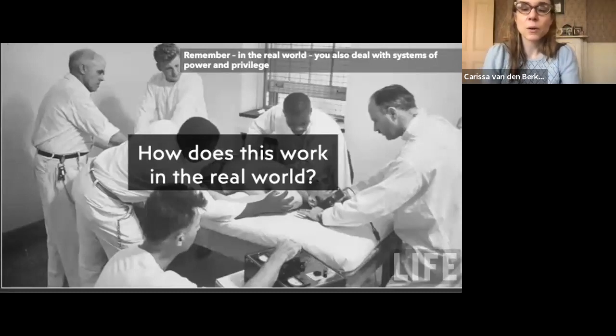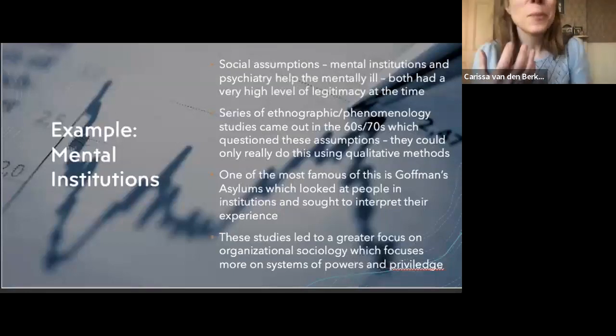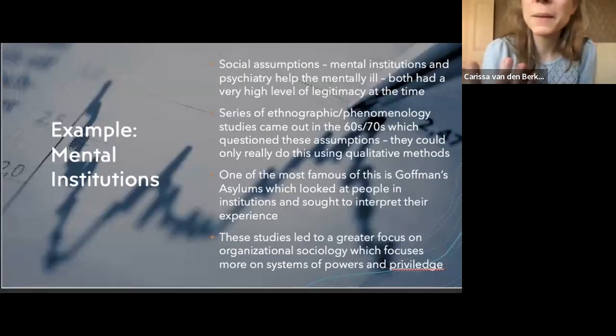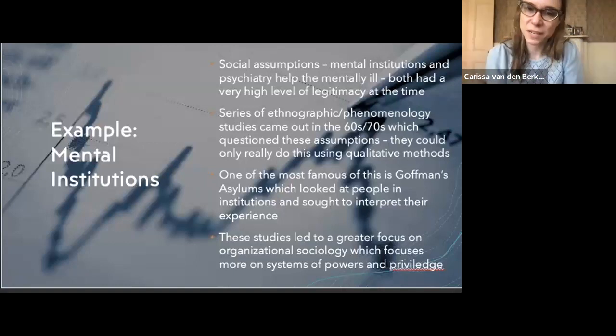So, what do you think, thinking about this example of how this intervention is used in a mental institution? In other words, it's used as a method of control. How would people respond to this?